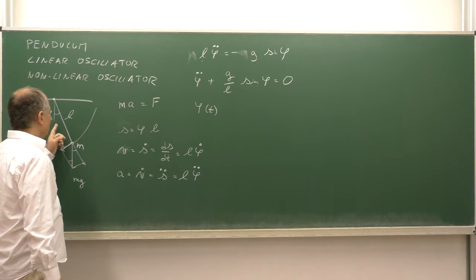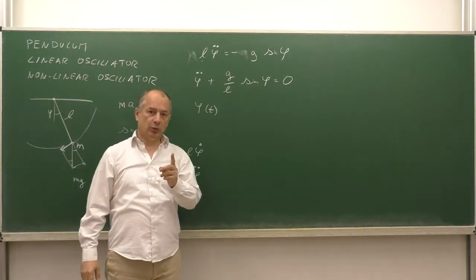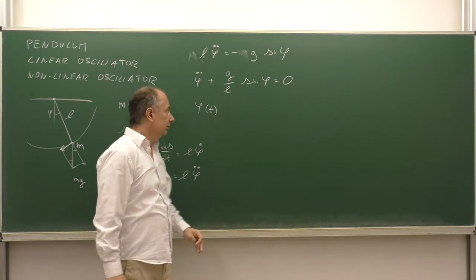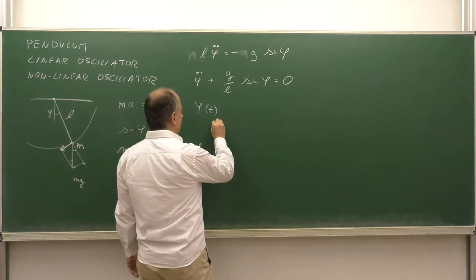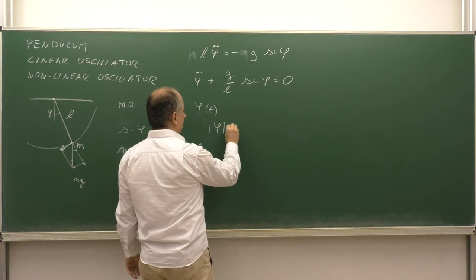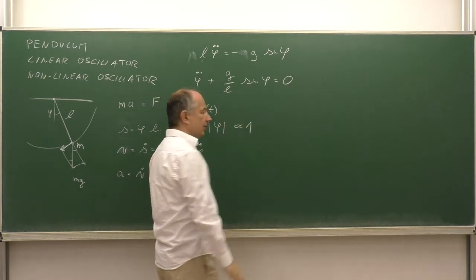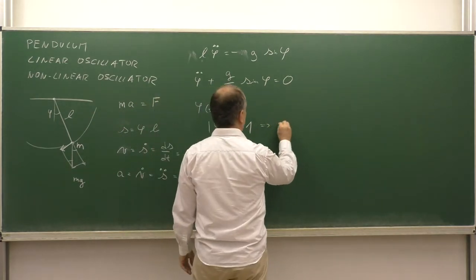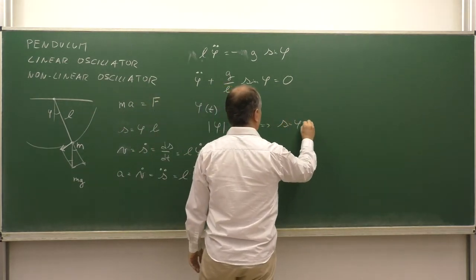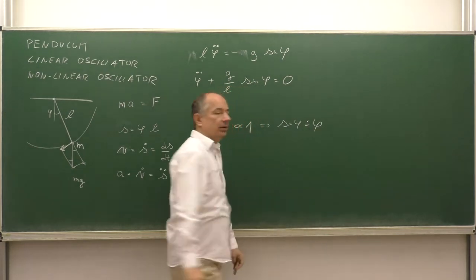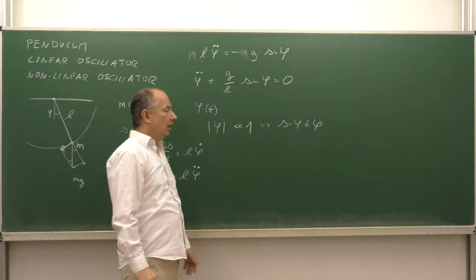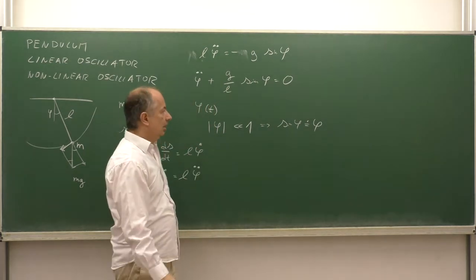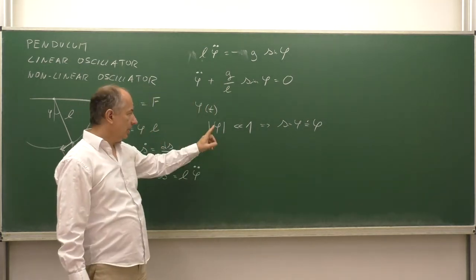If we assume the angle phi to be small, that means the pendulum has just a small amplitude, then phi is much less than 1, and sine is approximately the argument itself.